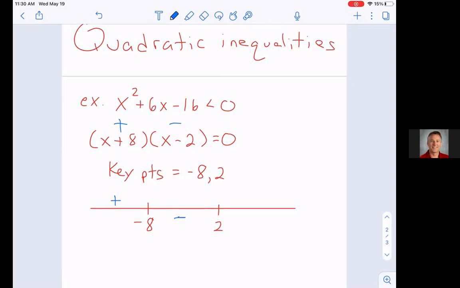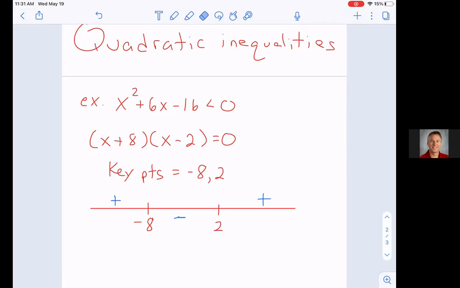And then last, I will test my last region, which is the region on the right over here. So something bigger than positive 2, like a million. A million plus 8 is positive. A million minus 2 is positive. A positive times positive is positive.